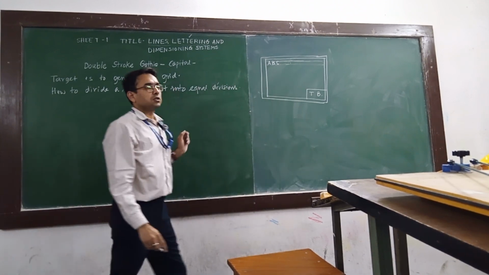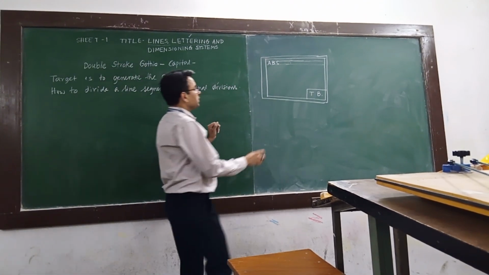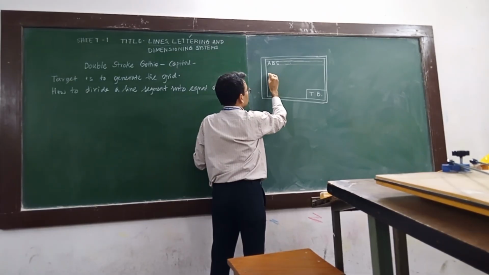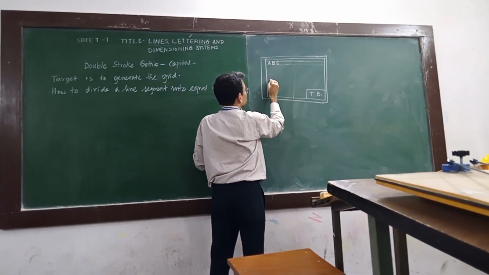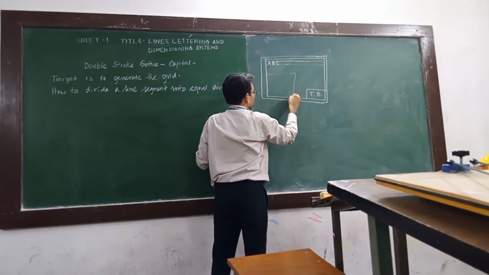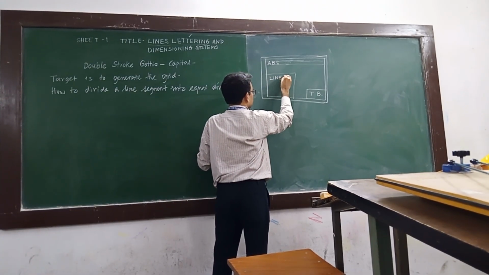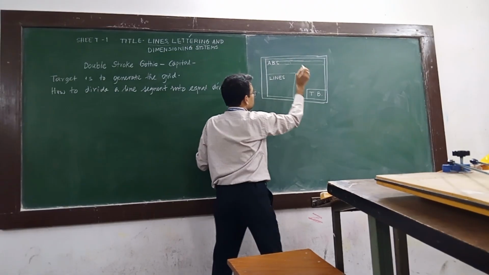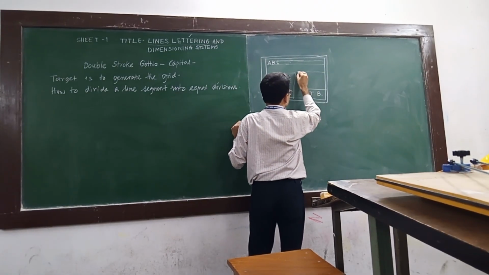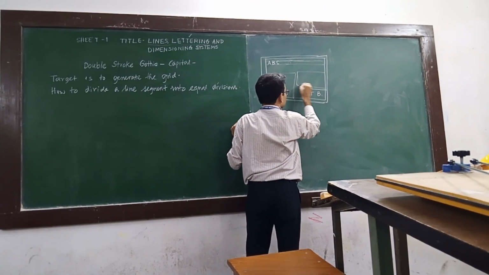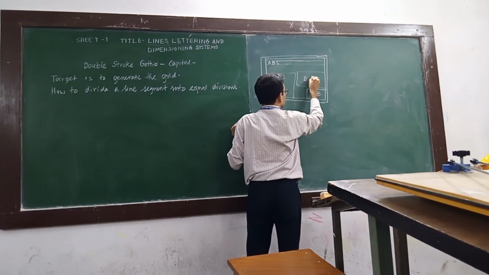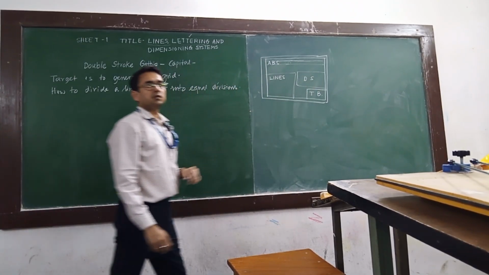So that is the plan. After that, here you will draw the lines. So here are letterings, lines, and the dimensioning system. Clear? That is the plan.